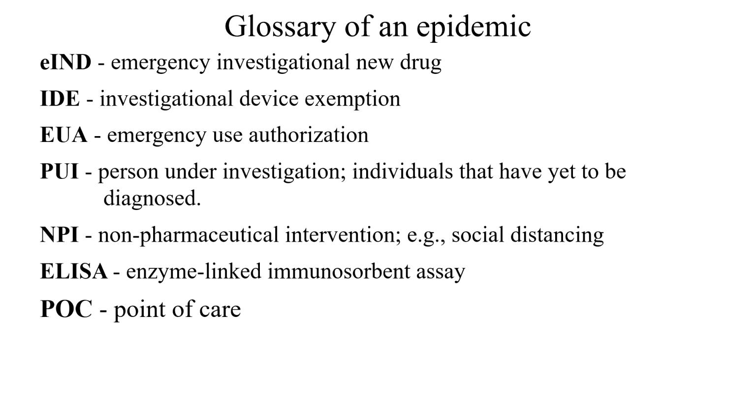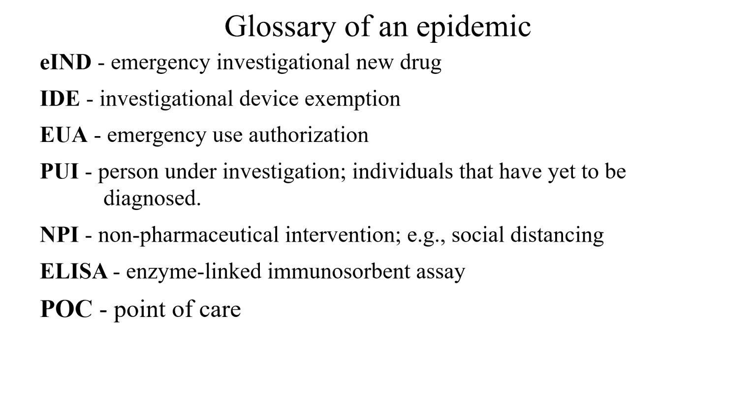I want to end this with a couple of abbreviations that we hear a lot about, and there are many more, but these are the ones that I've seen in the past couple of days or weeks. EIND, Emergency Investigational New Drug, meaning a drug that physicians get permission to use even though it hasn't gone through the entire approval process yet.